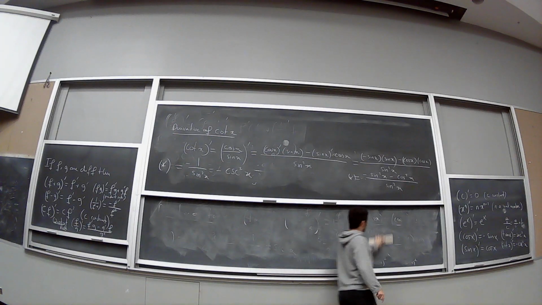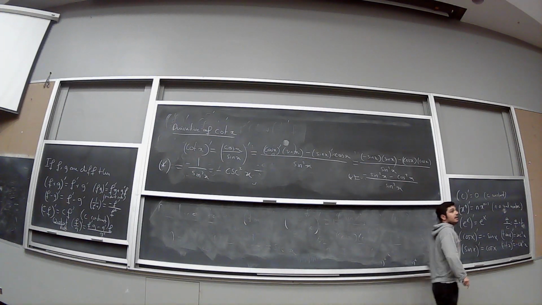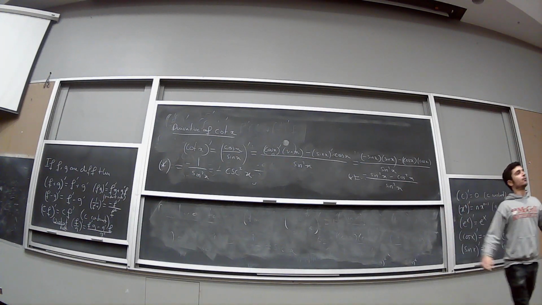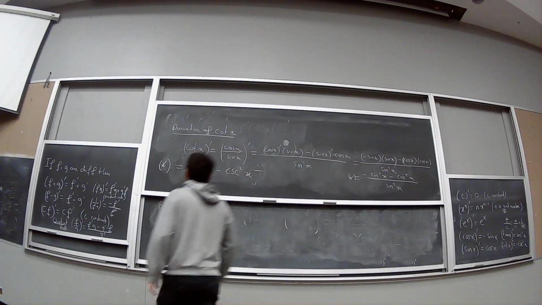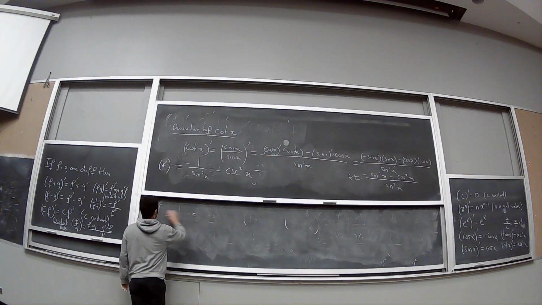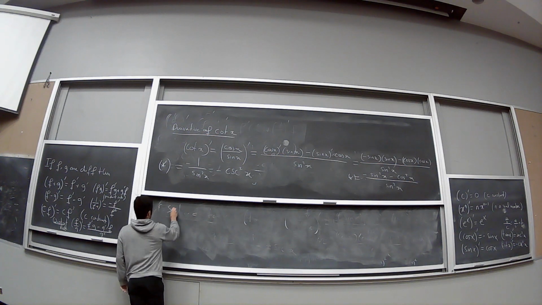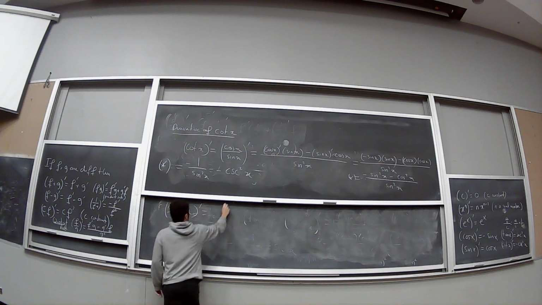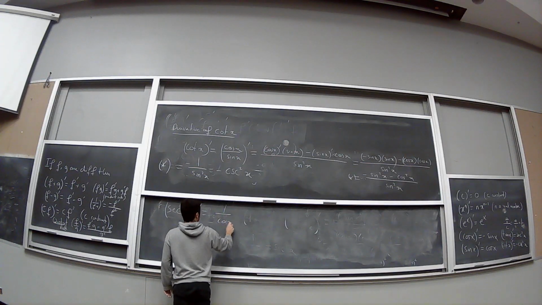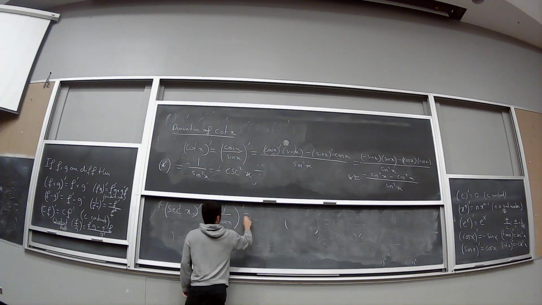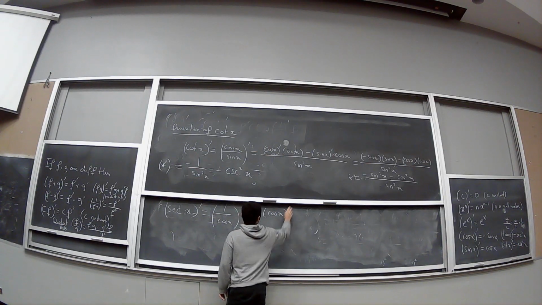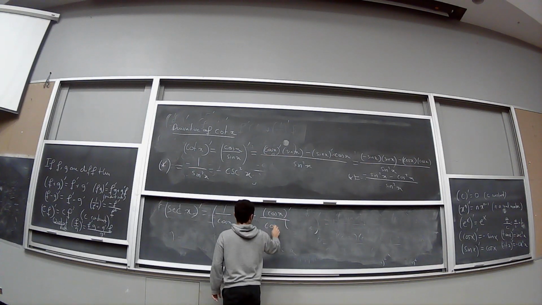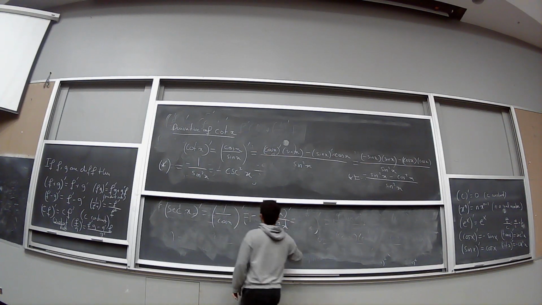So every time I want to differentiate secant, I rederive it. Okay? It's better to be safe than have it memorized the wrong way. So what is secant prime of x? This is just 1 over cos x prime. What is this? This is minus the derivative of cos x over cos squared x.